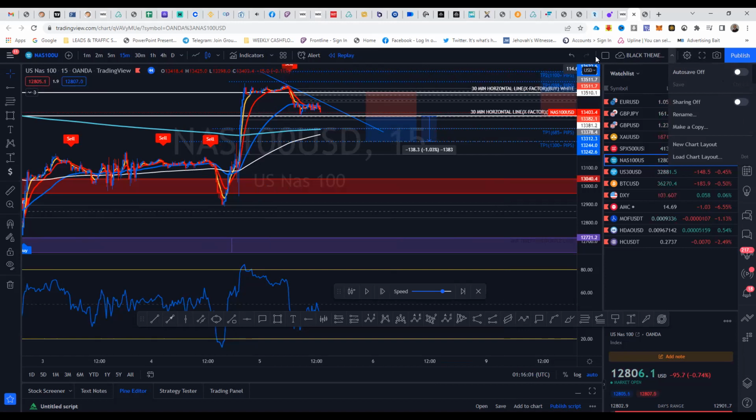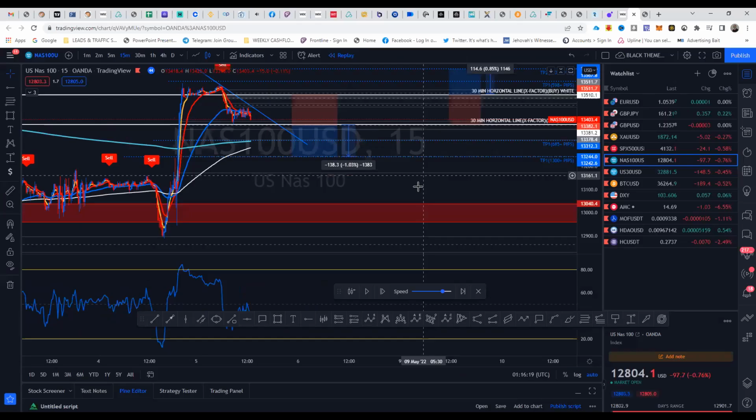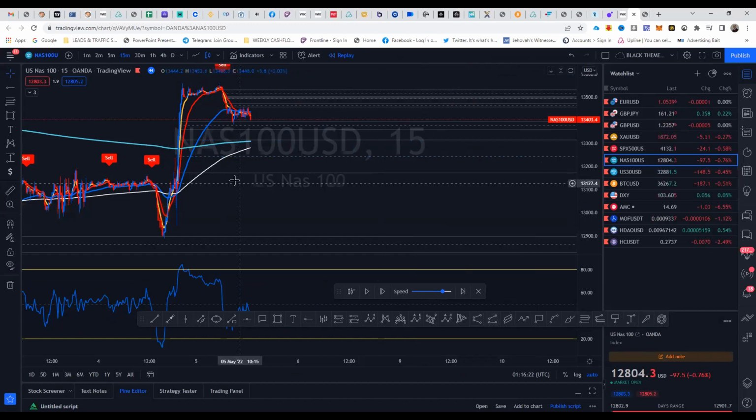Auto save is off. So good. Then I'm going to show you how I went through this whole process. So I'm going to erase everything here. Turn off all the indicators.